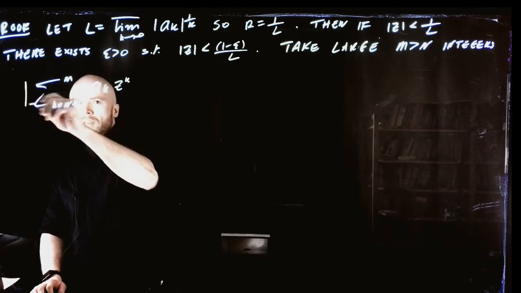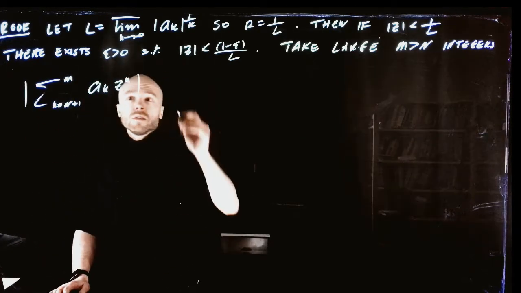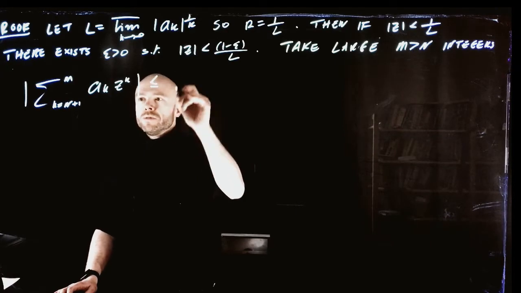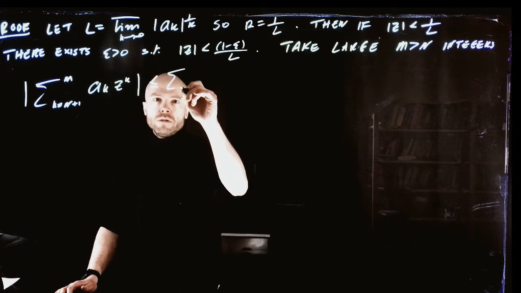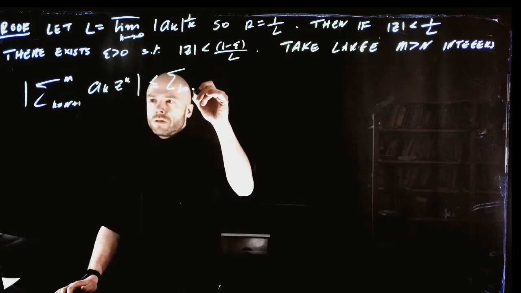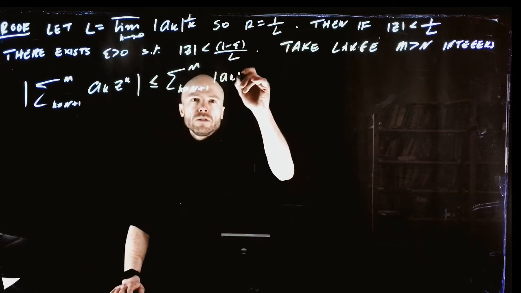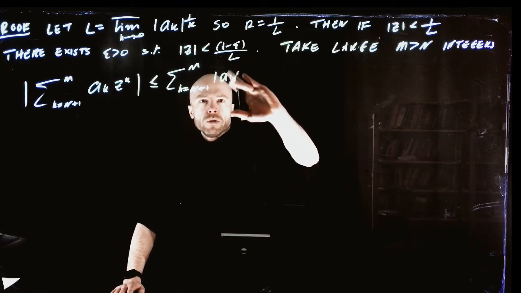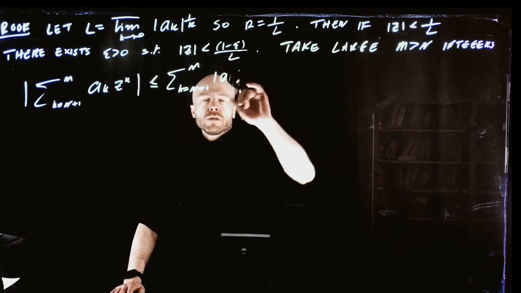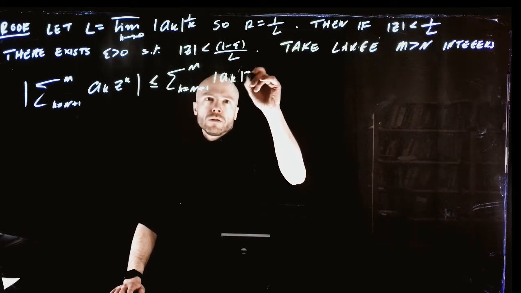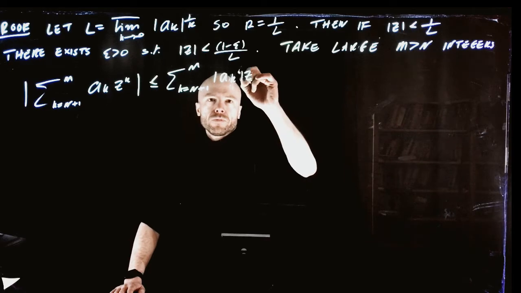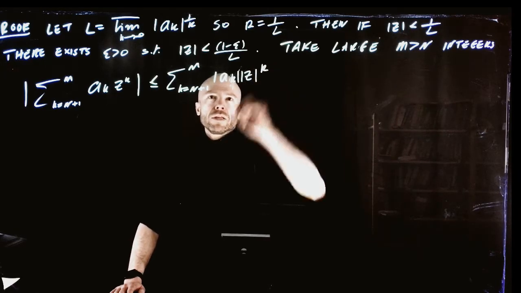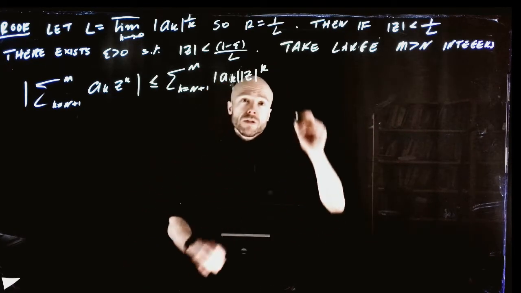Yeah? So if we take the absolute value through, as we can do, this is the sum of mod a_k times mod z to the k. And what's this?